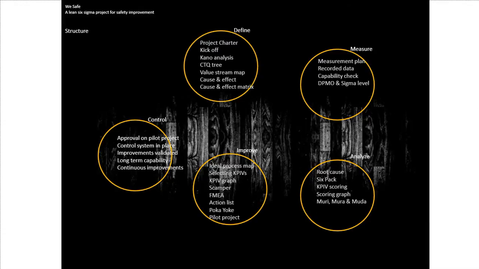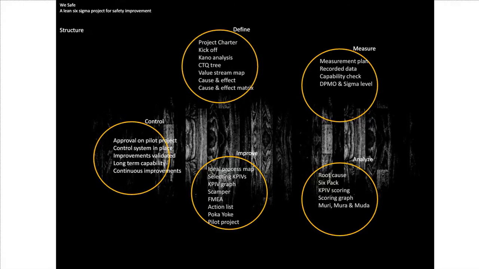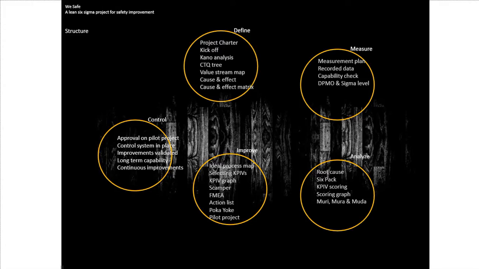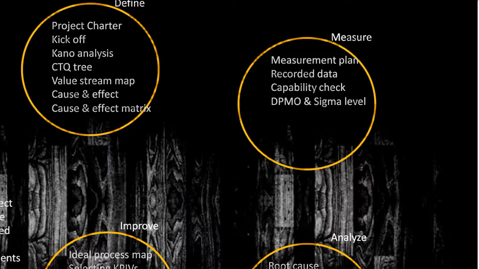This project's target is to define our current safety performance and propose solutions to improve it. This project has a standard Six Sigma structure of define, measure, analyze, improve, and control. The important outputs of the define phase are mapping the current process and arriving at CTQs, the critical to quality components.